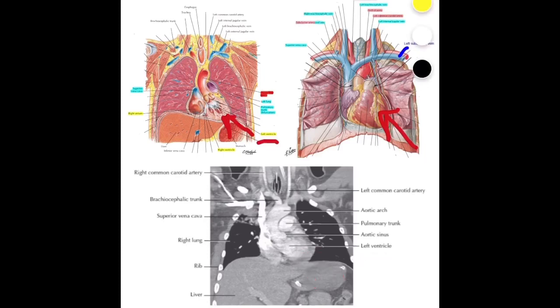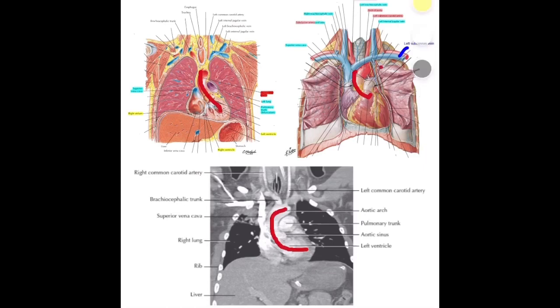Now we know that the left ventricle gives off the aorta. So this is the aorta that is given off here, and here, and here. Now we know that the arch of aorta divides into 3 branches.